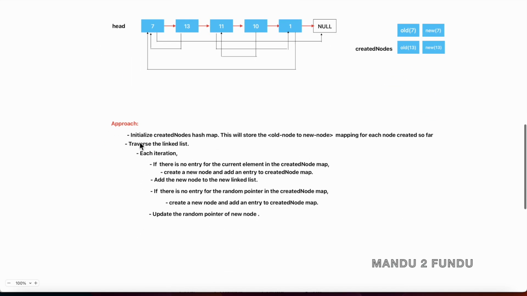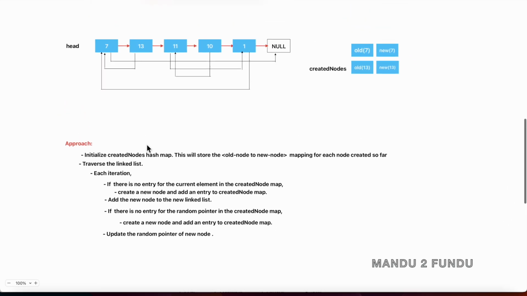So that's what I have listed here. First we initialize this created nodes map, which stores the mapping between the old node and the new node for each node created. Then traverse the linked list. In each iteration, if there is no entry for the current element in the created map, create a new node, add an entry in the hash map, and add the new node to the new linked list.